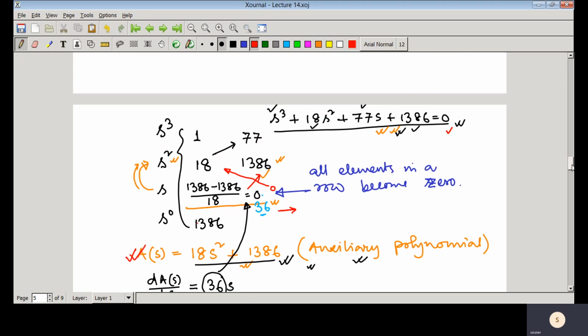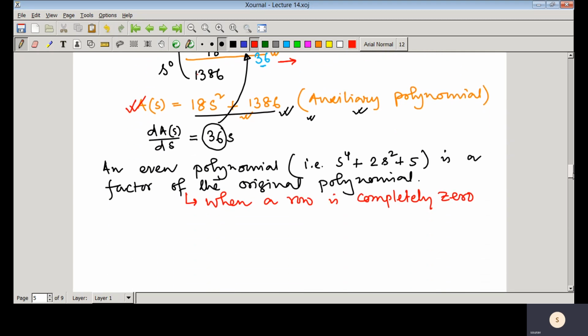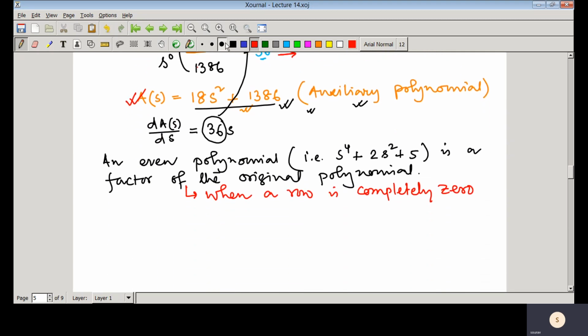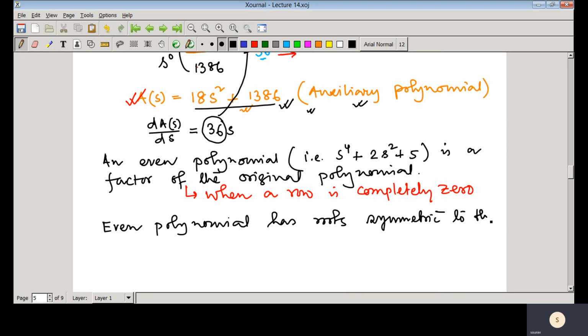And then there is one interesting property of an even polynomial, that an even polynomial has roots symmetric to the origin.